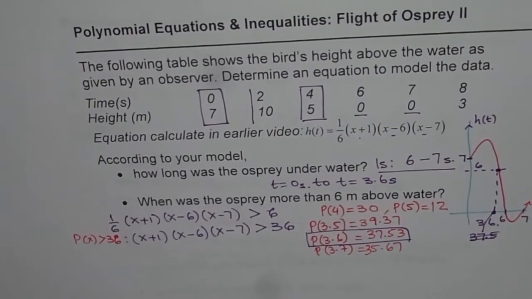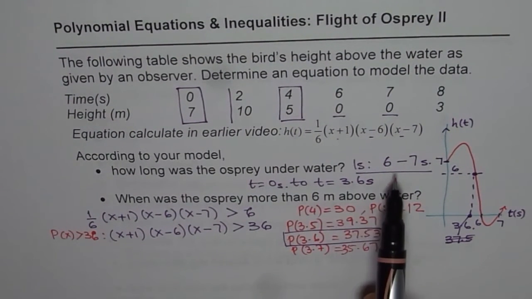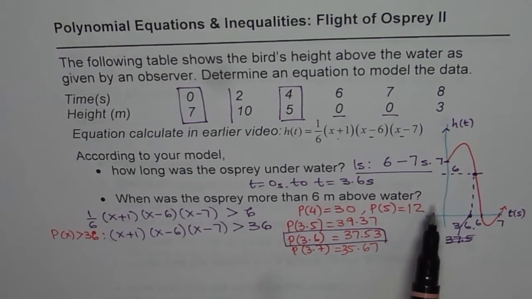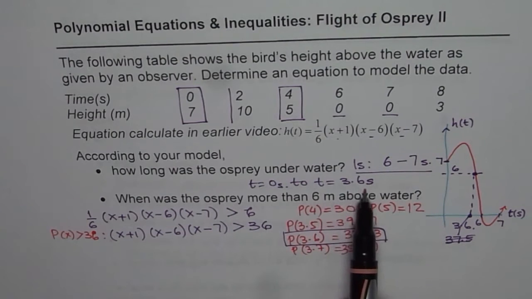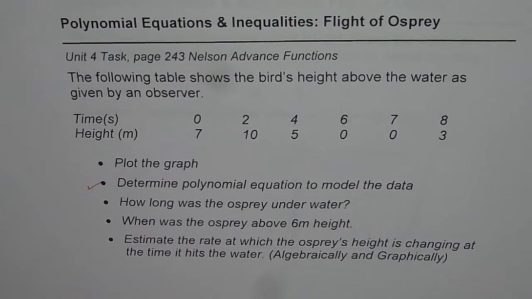So in the next video, which you can see in detail, we answered these two questions. 6 to 7 is when the Osprey is underwater, and for more than 6 meters, we substituted many values and figured out that it is from t equals 0 to 3.6 seconds approximately. 3.6 seconds gave us a value of 37.53, which is more than 36. 3.7 gave a value of 35.67. And then we did this part and the next in the video which I just showed you.